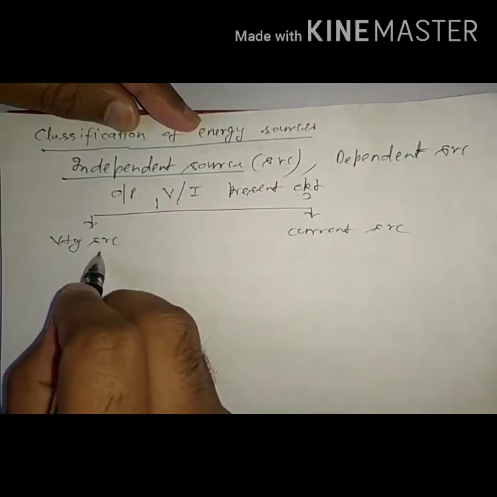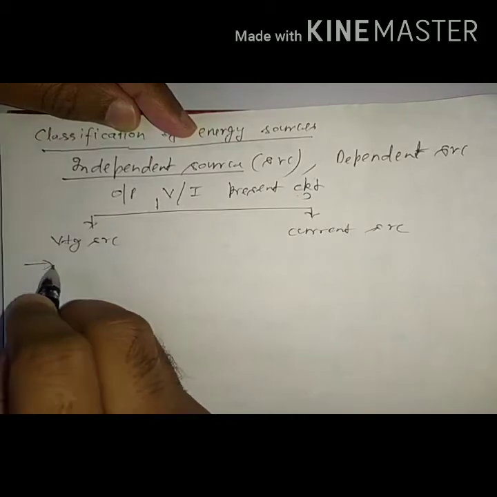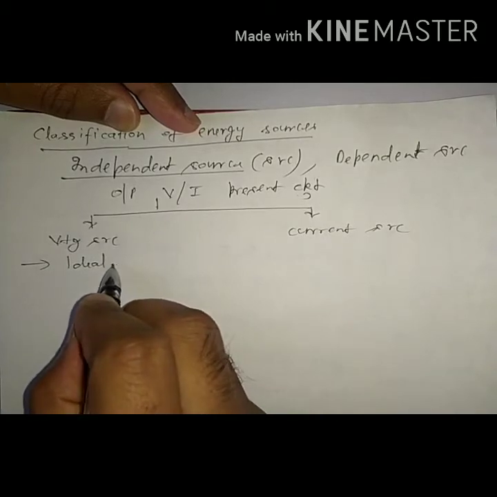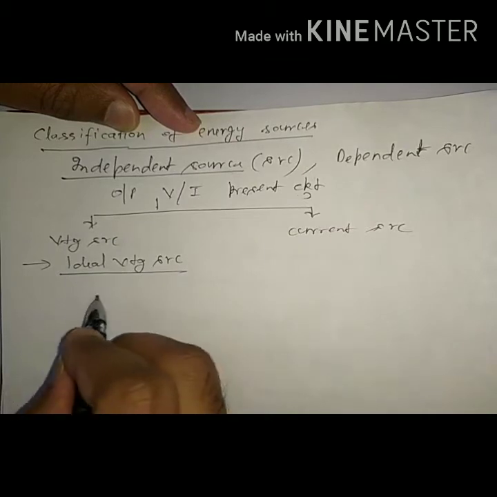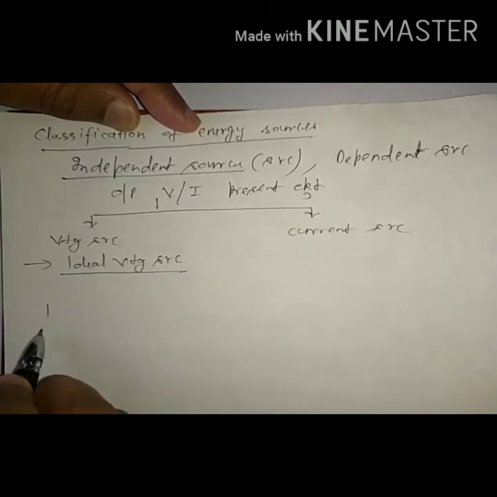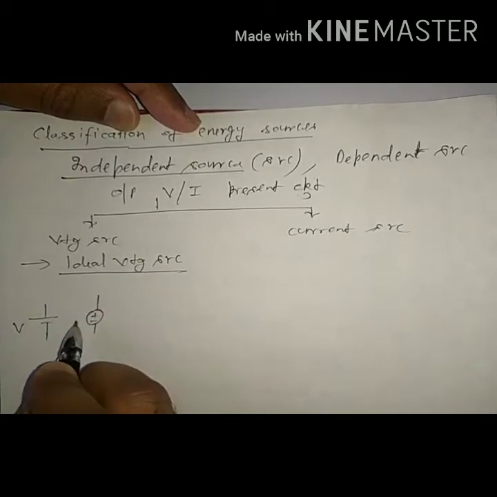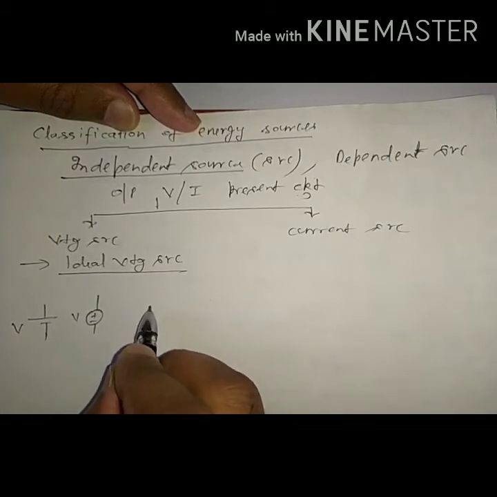They can be further classified as ideal and practical sources. So let us see first the ideal voltage source. A voltage source is denoted by this symbol, or plus minus. So what is an ideal voltage source?